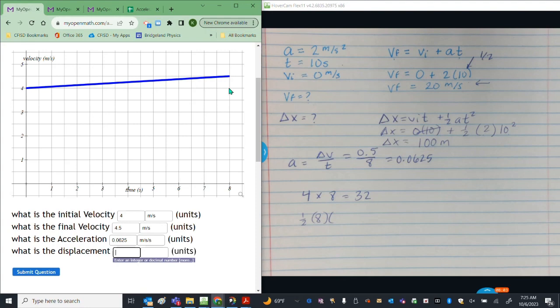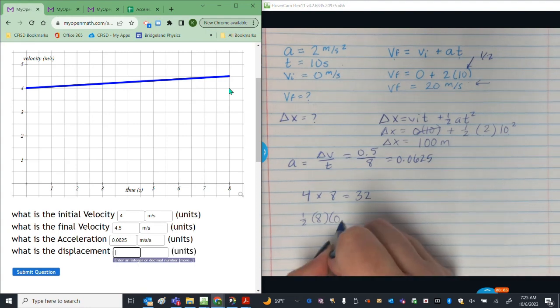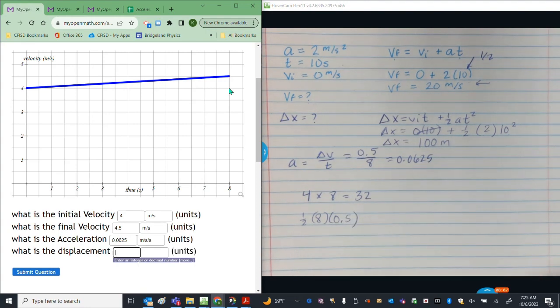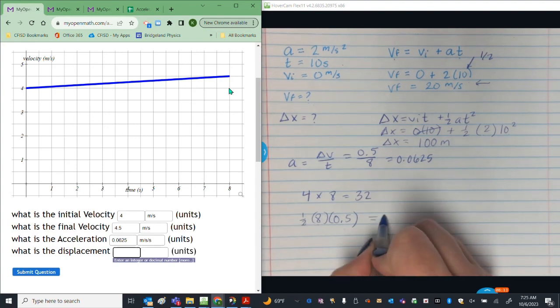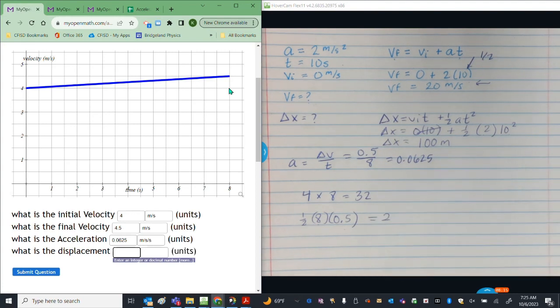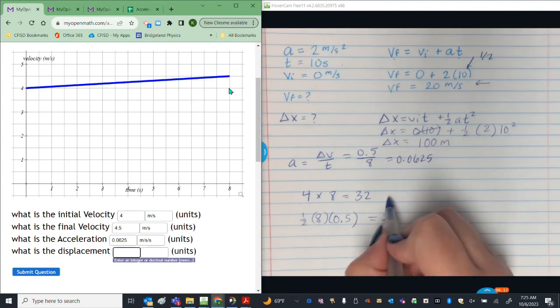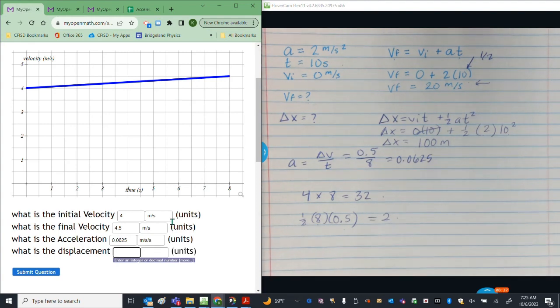The height, though, is only 0.5. So half of 8 times 0.5, half of 8 is 4, times half again would be 2. And then I have to add these together because I want the total area. So that's the area of the rectangle, that's the area of the triangle. The total would be 34. And so that would be my total displacement, 34 meters.